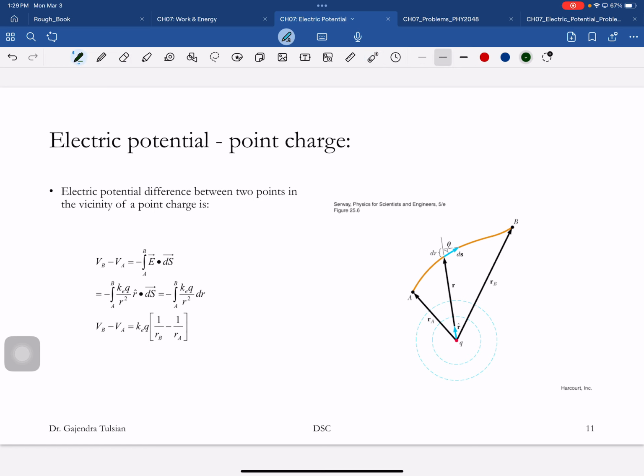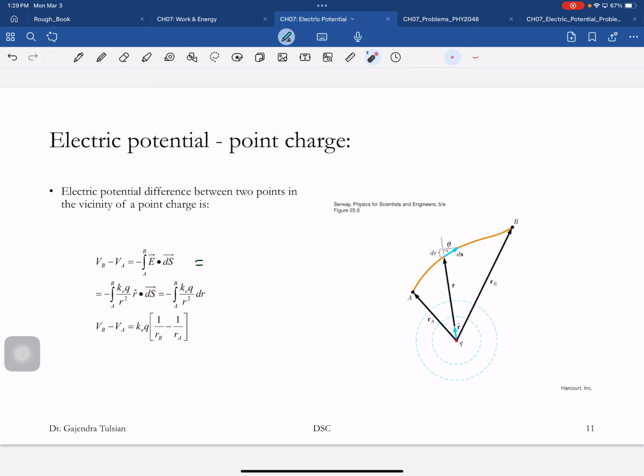All right, so what we're going to show you is, we already saw this expression. The potential at B minus potential at A is the negative of this line integral from A to B. From a point charge, there is the electric field, and I'm going to substitute ds in spherical polar coordinates.